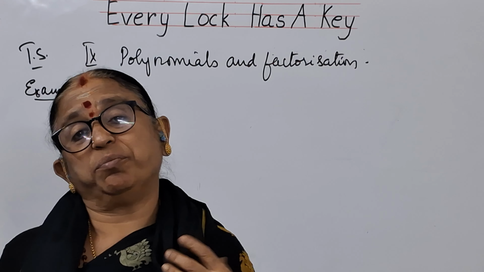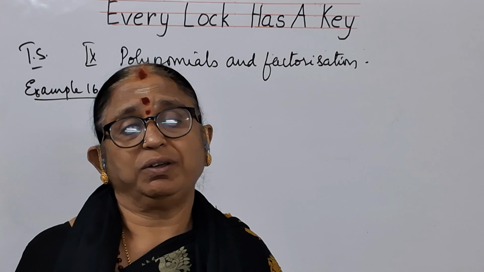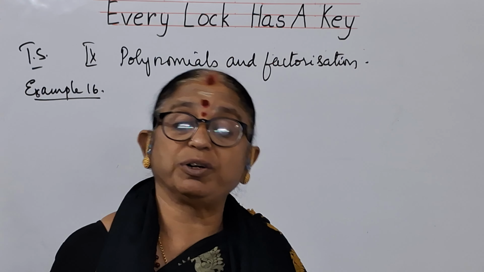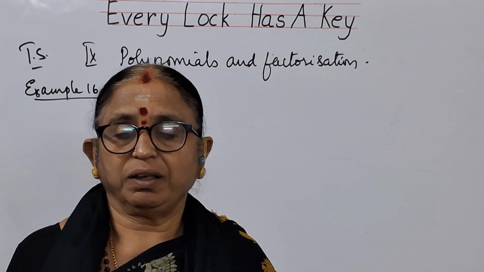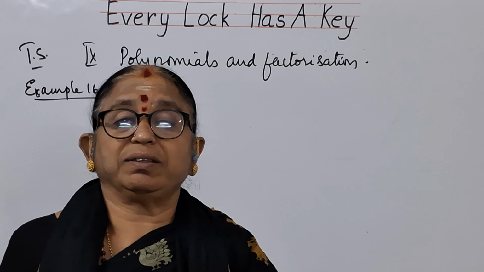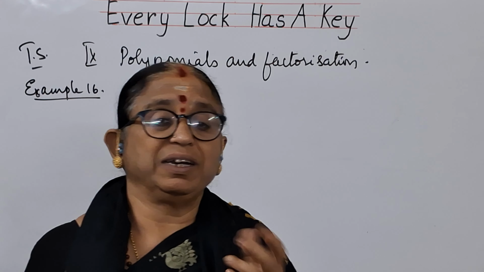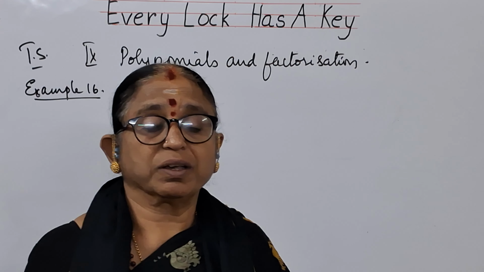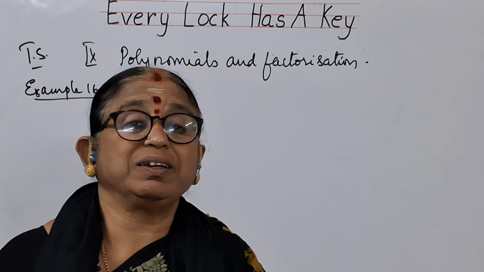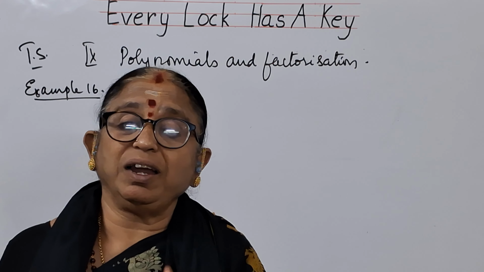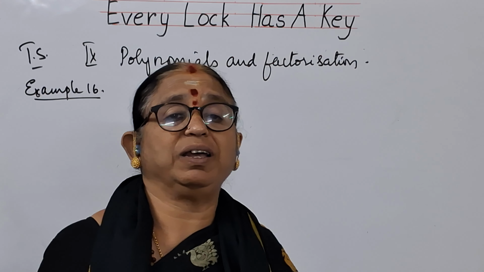Why is it happening, children? If you observe, it tells you a lot about our life. Consider lock as a problem and key as a solution. Those people who are searching for it are still in a trial and error process in their life.